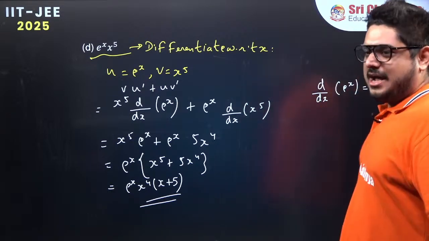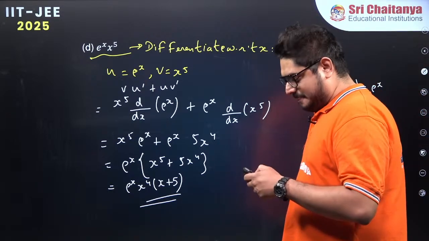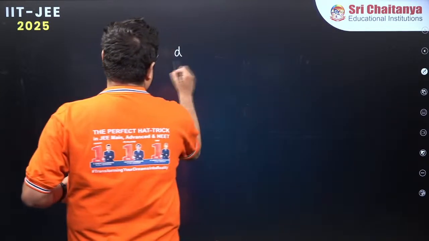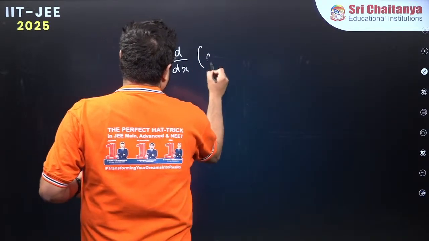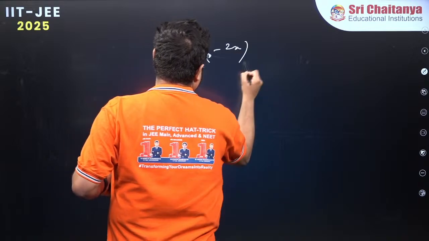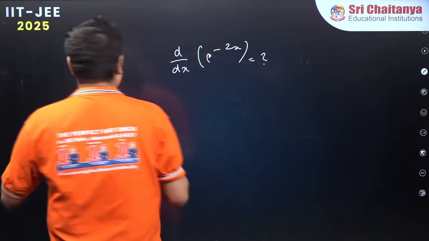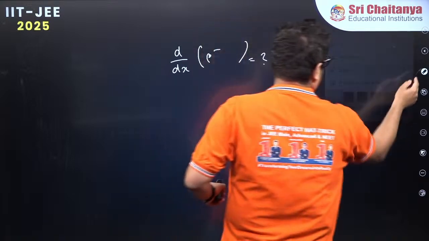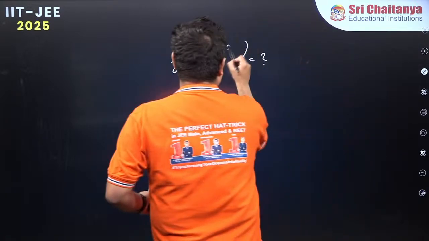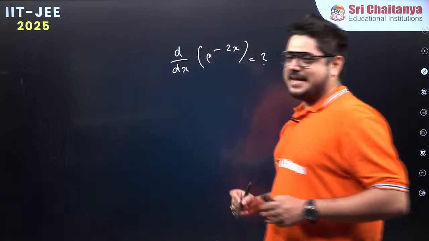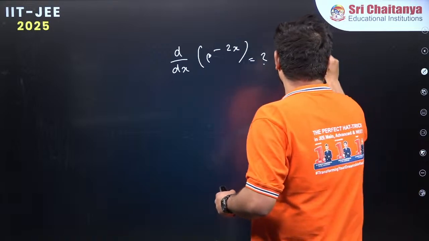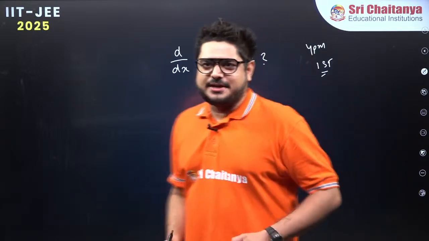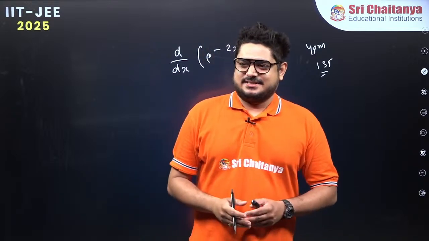Okay. So now I am giving you a question over here. Let's see who will be able to solve. Mark it as homework, then we are going to be ending this session. What is d by dx of e to the power minus 2x? Mark this as your homework, and I need the answer tomorrow exactly at 4 p.m. IST, where we are going to be solving some more questions, isn't it?